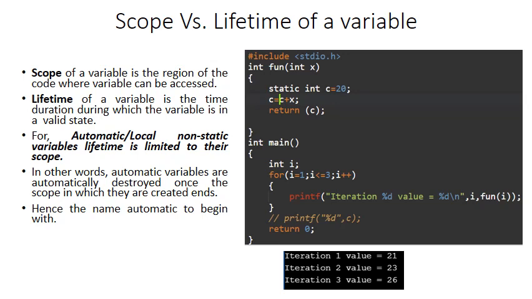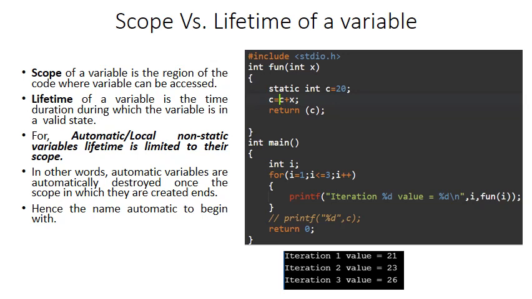Now notice the one statement which I have commented in the main function, that is printf %d c. I am essentially trying to print the value of the static variable from within the main function. What do you think will happen if I uncomment that statement? As you have guessed, since the scope of the static variable c is limited within the subroutine where it is declared, I'll get an error.